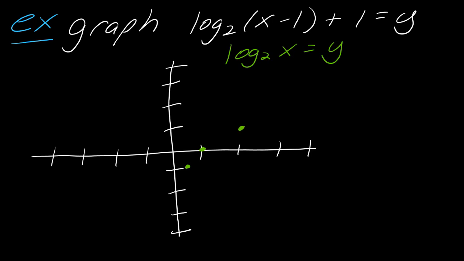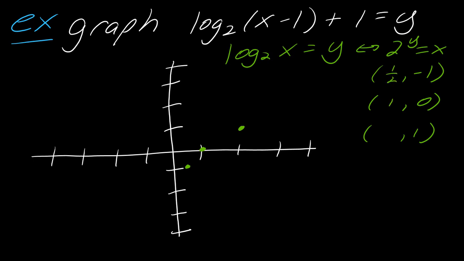You can figure that out from doing 2^y = x, and then you just plug in, for your y's, -1, 0, and 1, and these would be the 3 points that you get. So that's where those 3 main points I was telling you about came from. This is how you get to the graph of y = log base 2 of x.